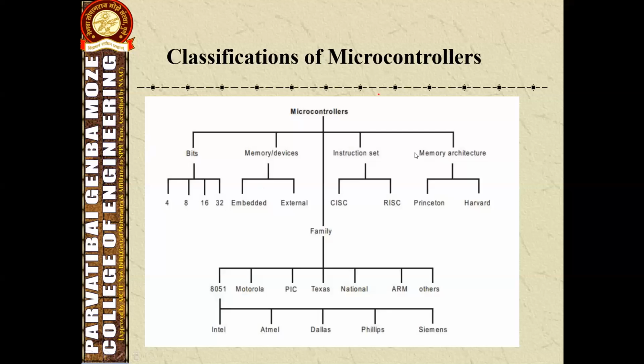Before going to see the features of the 8051 microcontroller, we have to see the family of microcontrollers. The 8051 family devices are classified according to their family. 8051 has different versions from Intel, Dallas, Philips.